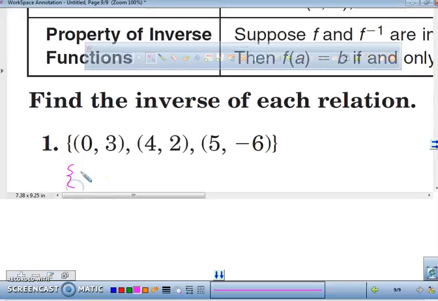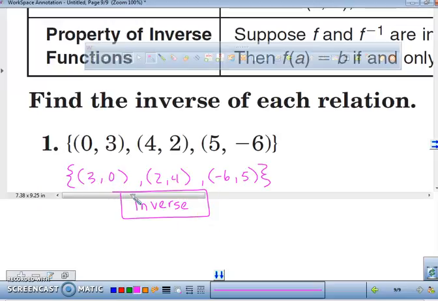The inverse is simply 3, 0, 2, 4, and -6, 5. This set of ordered pairs underneath is considered the inverse of it. That's all you have to do. The first 4 problems should take you less than 60 seconds if you simply switch the x and the y.